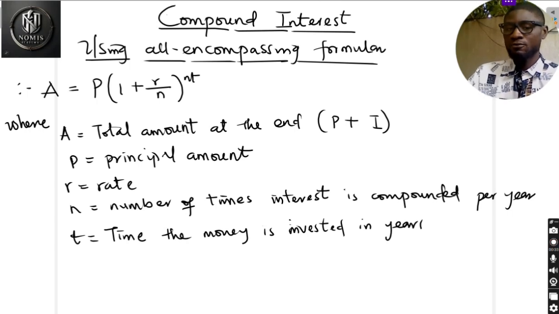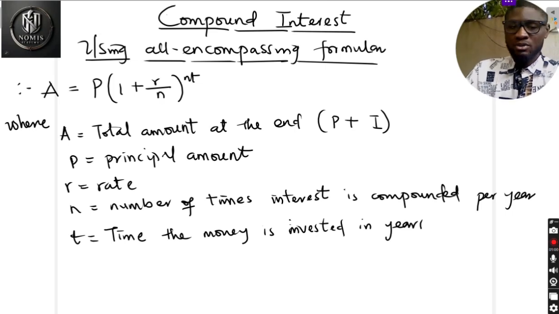Using the all encompassing formula, A equals P open bracket 1 plus R all over N close bracket to the power of NT. What is A? A is the total amount at the end of the calculations, which is the initial principal plus the total interest made at that particular period of time given, and at the number of times the interest is compounded.